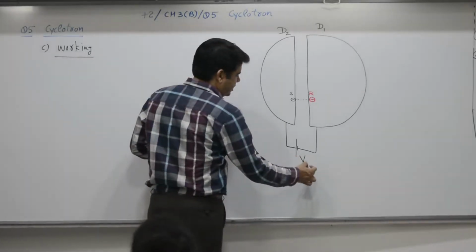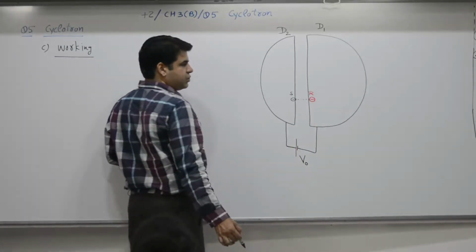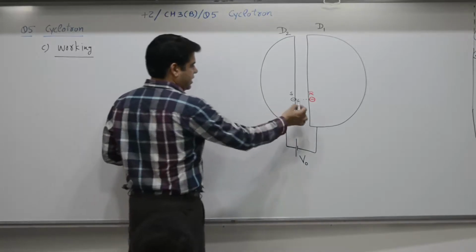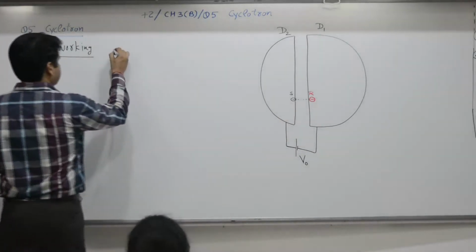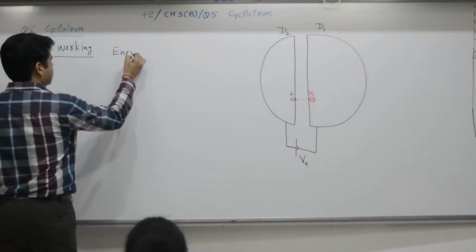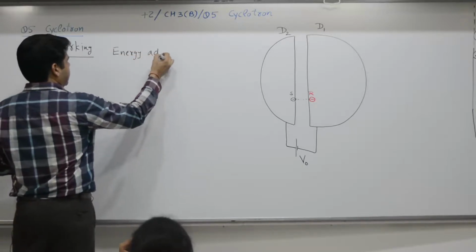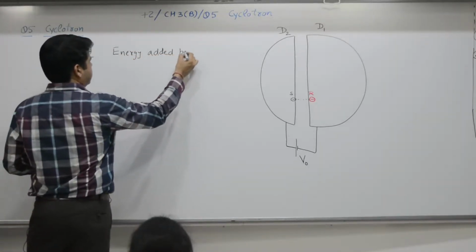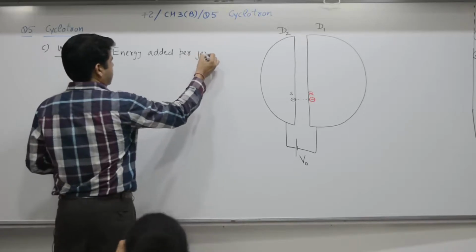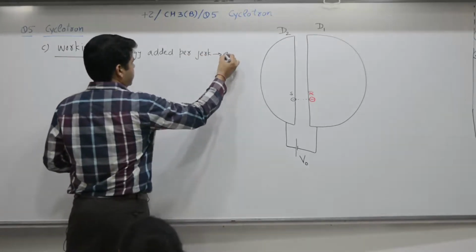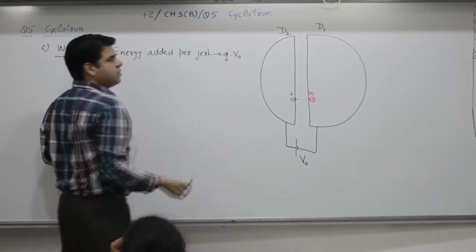If the applied voltage is V0, charge is Q, then energy added per jump or jerk is Q into V0.